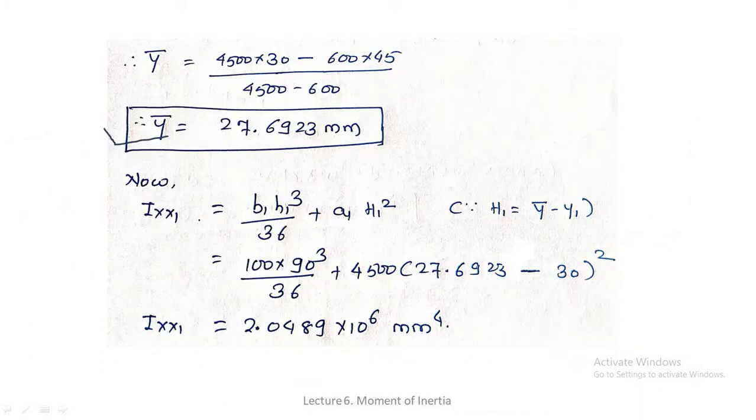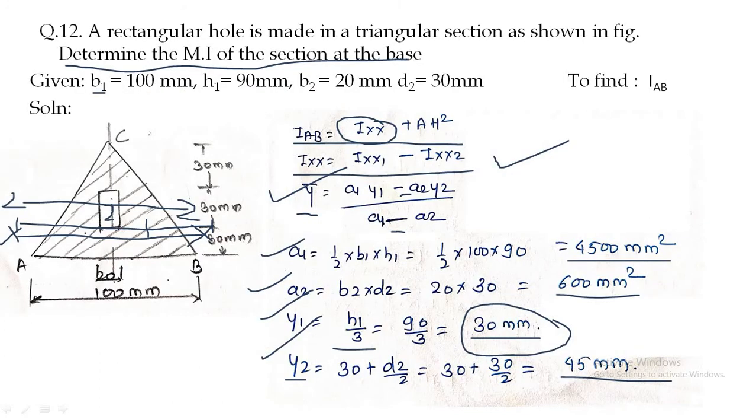we have to find Ixx1. So we have to find the moment of inertia of the first plane, that is of the triangle, about this axis xx. The moment of inertia of this triangle about its own central horizontal axis will be b h cubed upon 36.